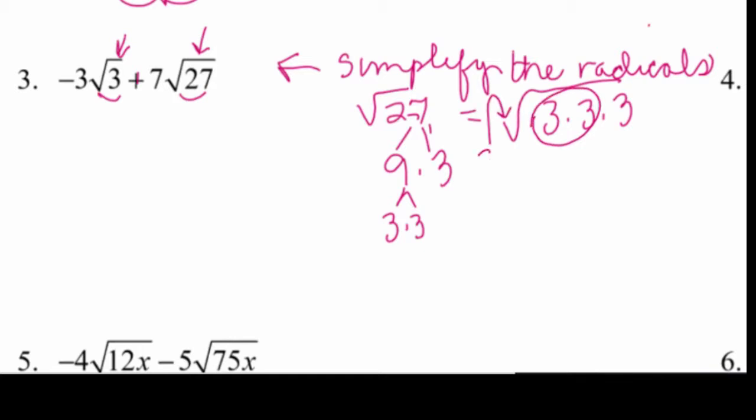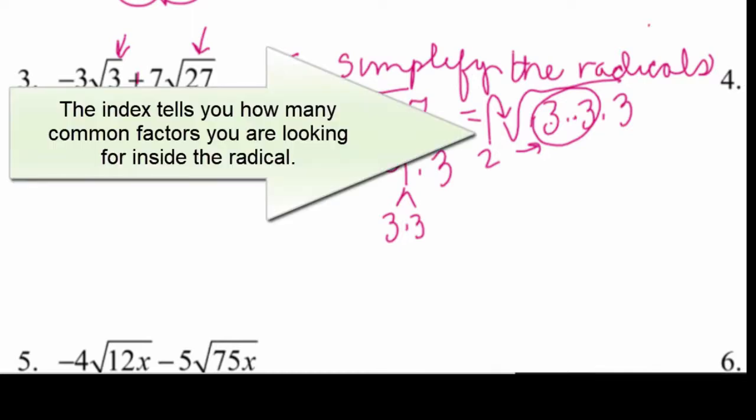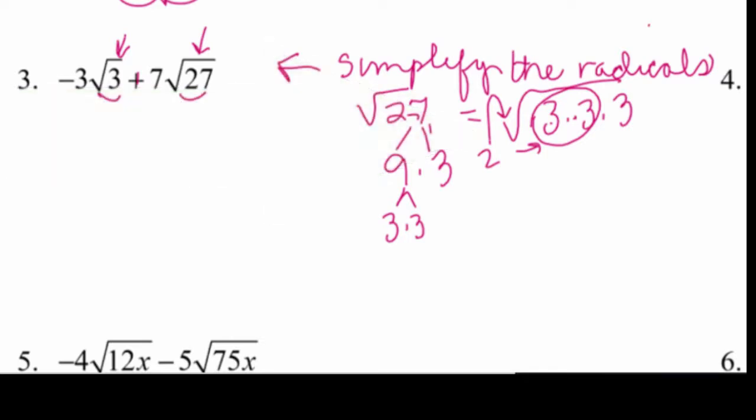So for every 2 common factors under the radical, you are able to bring out of the radical a 3, because that is the square root of 3 squared. So the square root of 27 is 3 square root of 3.